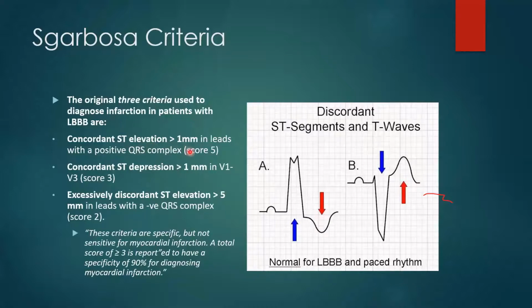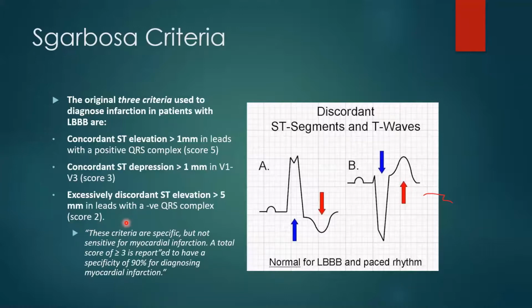If they have the concordant ST elevation, they get a score of 5. If they have concordant ST depression in V1 through V3, it's a score of 3. The concordant ST elevation can be in any of the precordial leads. Excessive discordant ST elevation greater than 5 millimeters in leads with a negative QRS complex gets a score of 2.